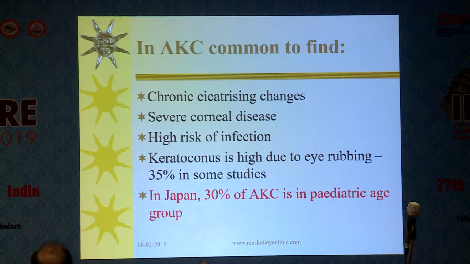In AKC, because it's such a virulent disease, there are chronic cicatrization changes, severe corneal disease, high risk of infections, and these are the patients with eyelid rubbing so much that keratoconus tends to develop in almost 35% in some studies. And in Japan, even the ocular manifestation of AKC occurs at an earlier age. In other European studies, they found that the systemic manifestations come in childhood, but the ocular manifestations come later.